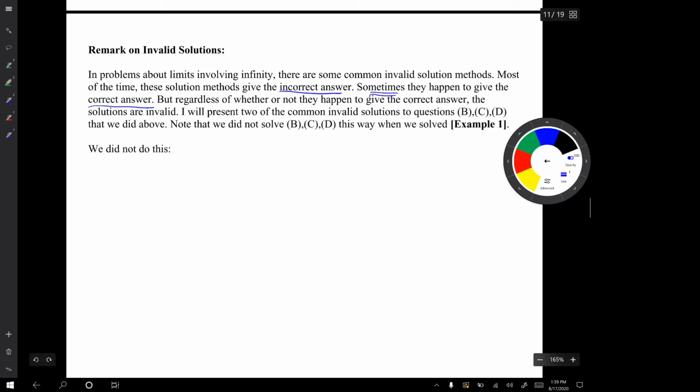But regardless of whether they happen to give the correct answer or not, the solutions are invalid. So I'll present two of the most common invalid solutions to questions B, C, and D that we did above. But notice that I did not solve the problem this way when we solved example 1. So here's the one common invalid solution.